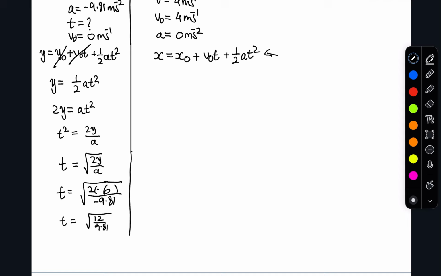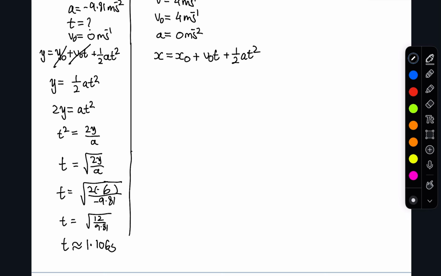Now we will use this and substitute it back in. Actually, we'll simplify it first. So that's approximately 1.106 seconds.